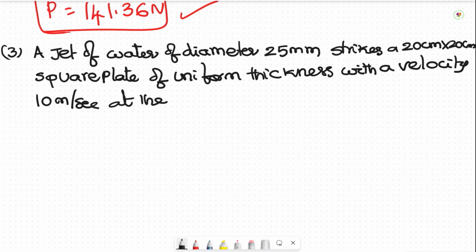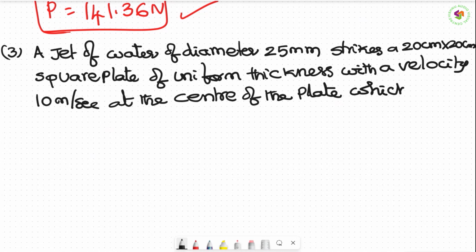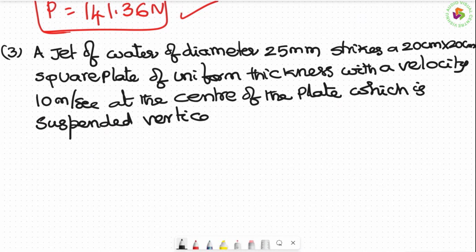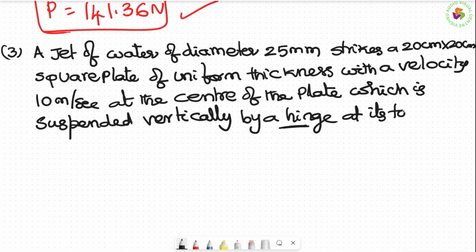Where the jet is striking at the center of the plate, which is suspended vertically by a hinge at its top horizontal edge.